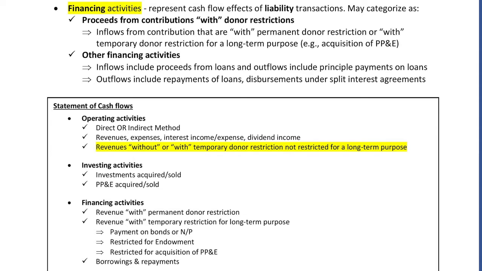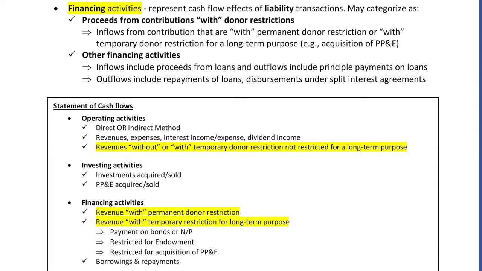Whereas under financing activities, you're going to have revenues with permanent donor restriction or revenues with temporary restriction for a long-term purpose.